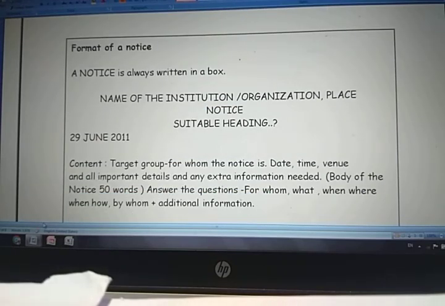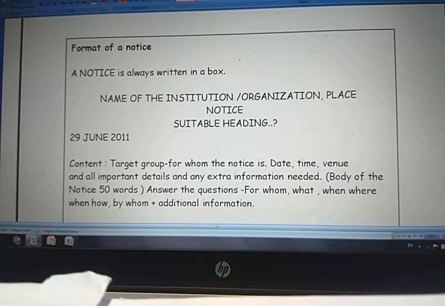So this will be the format for a notice. Clear? Name of the institution, organization, place and everything. Next, notice in the center. Suitable heading. Next, date. After that, the content you should write. And the content should contain all this information. What are they? Target group.